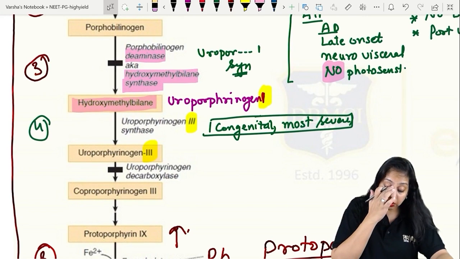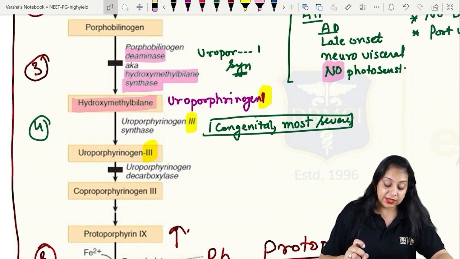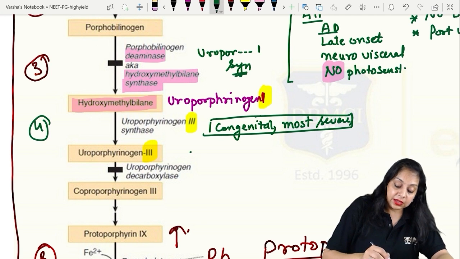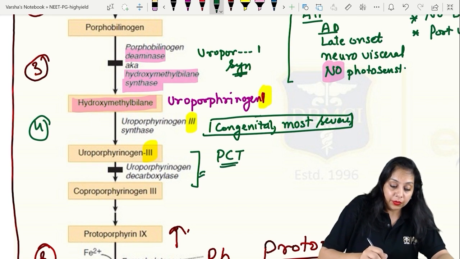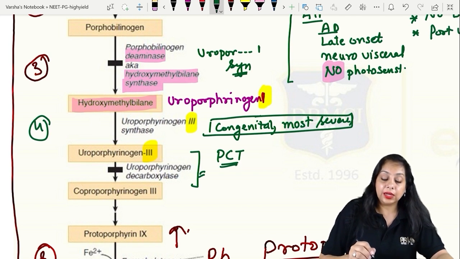Uroporphyrinogen 3 to coproporphyrinogen 3, the enzyme is uroporphyrinogen decarboxylase, and this is another very important, most commonly asked. This enzyme deficiency will lead to PCT, porphyria cutanea tarda.